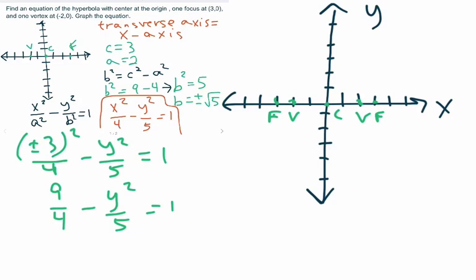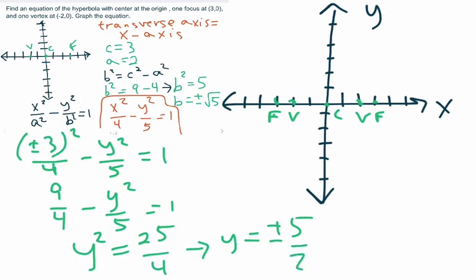I won't show the arithmetic here. You might want to pause the video for a moment to work it out. But once you do, you should get y squared equals 25 over 4, or y equals plus or minus 5/2.